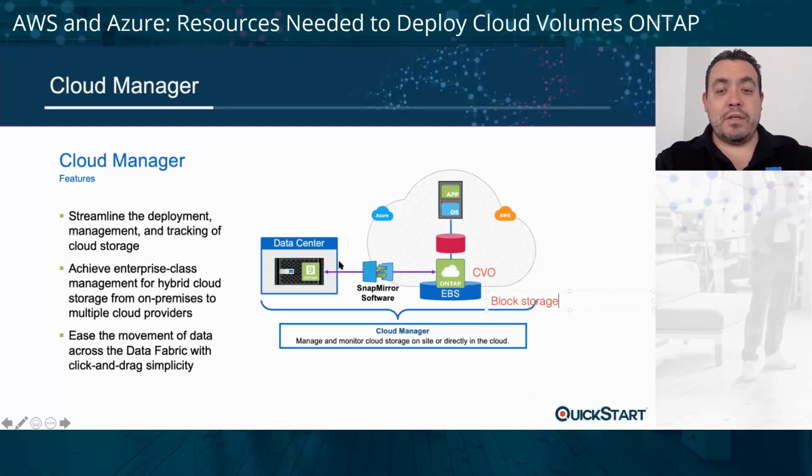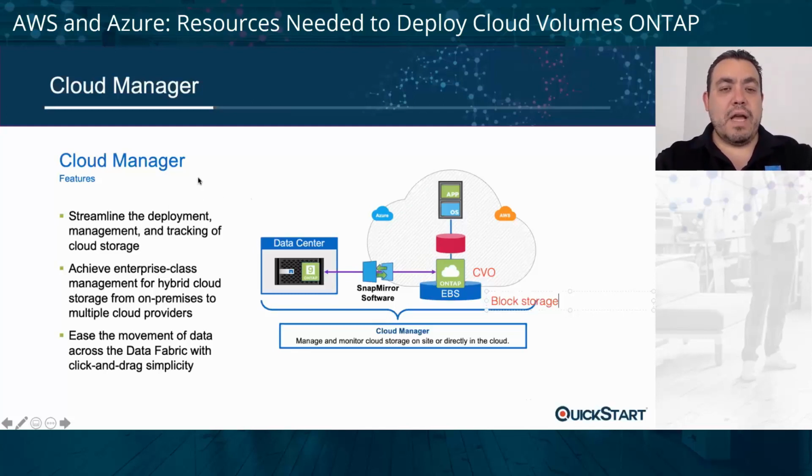But with Cloud Manager, we can enable replication, SnapMirror, SnapVaults. We can add more volumes. We can add more aggregates as well. And the CVO updates should be managed by Cloud Manager. Don't try to update your CVO from the CLI or System Manager, because you might impact your system at some point. So Cloud Manager is a must-have when you are going to deploy CVO.